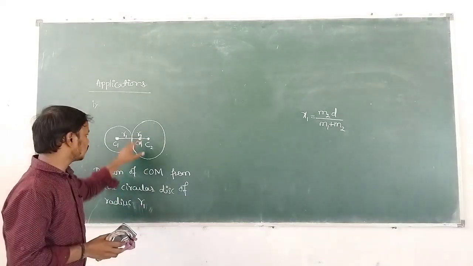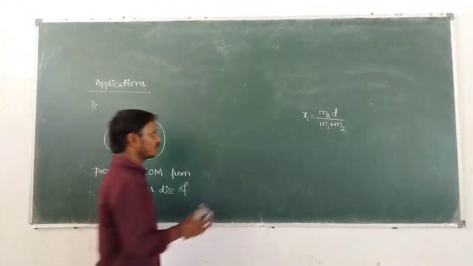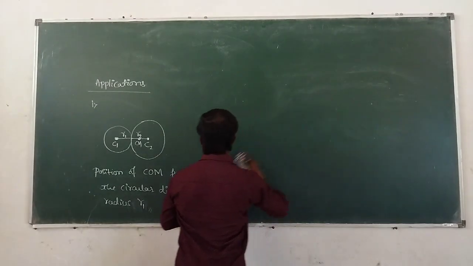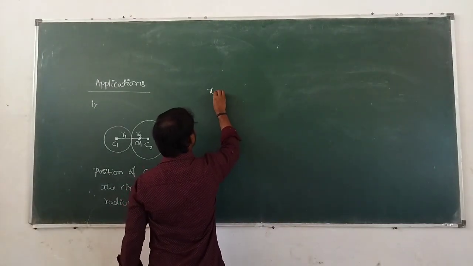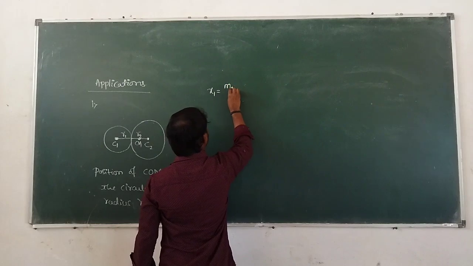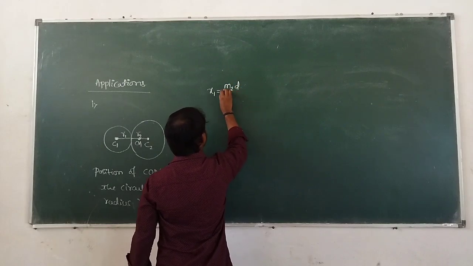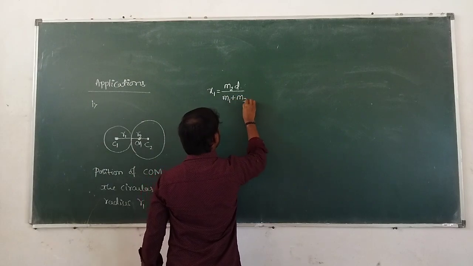The first disc is taken as the first particle and the second disc is taken as the second particle. Now x1 is equal to m2 into d divided by m1 plus m2.